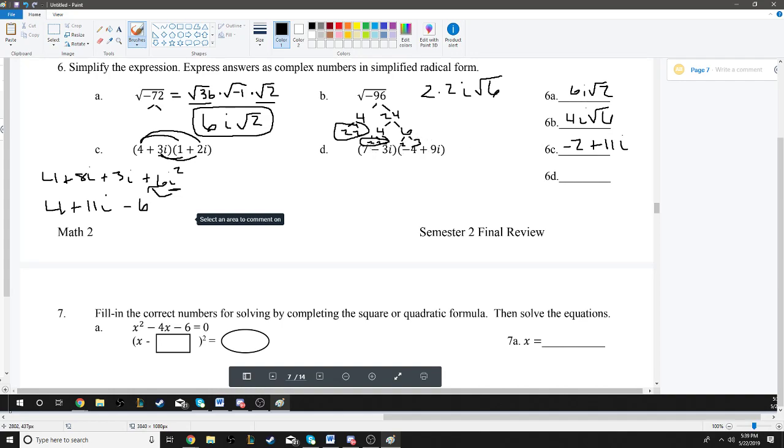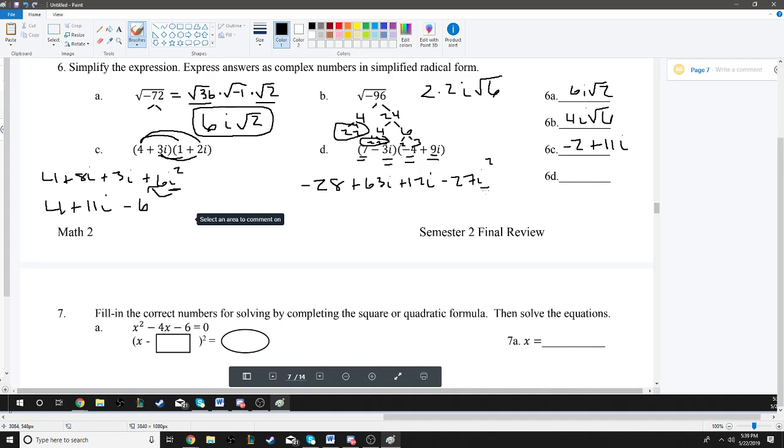Okay. And for this one, we double distribute. 7 times negative 4 is negative 28. 7 times 9i is going to be a 63i. Negative 3i times negative 4 is going to be a positive 12i. Negative 3i times 9i will be a negative 27i squared.